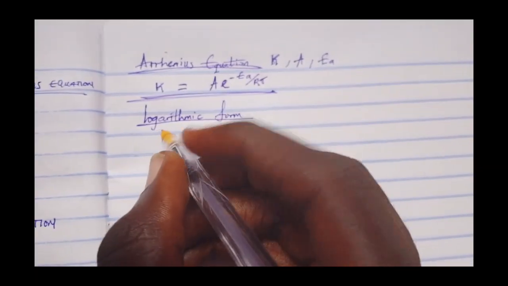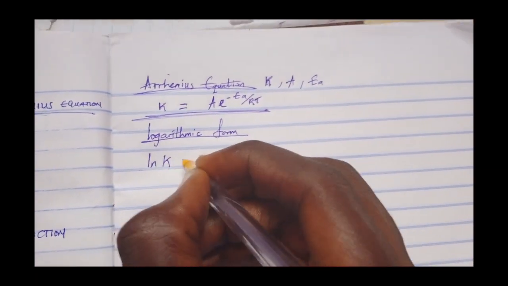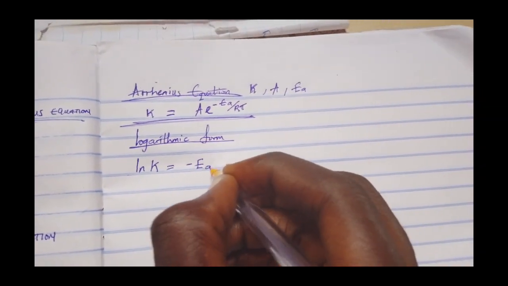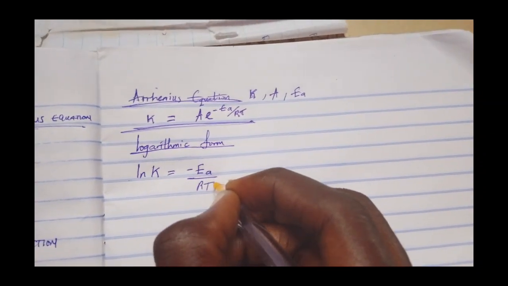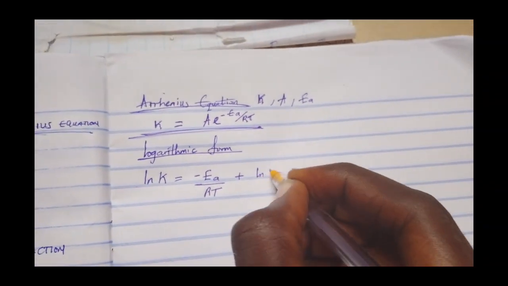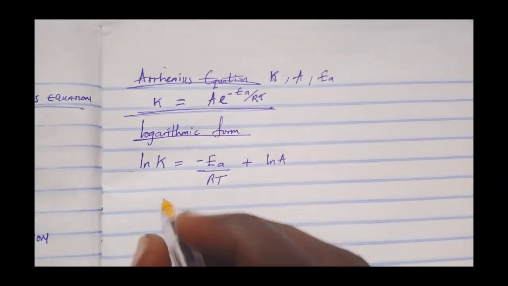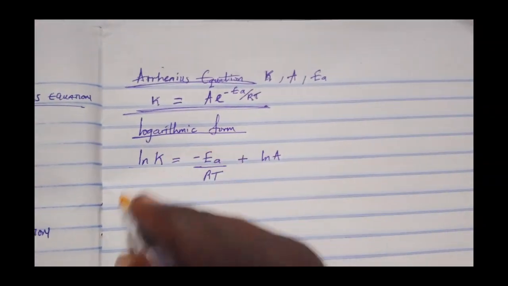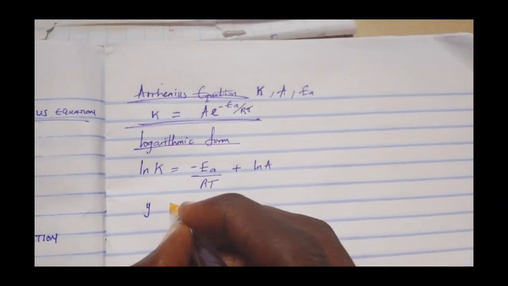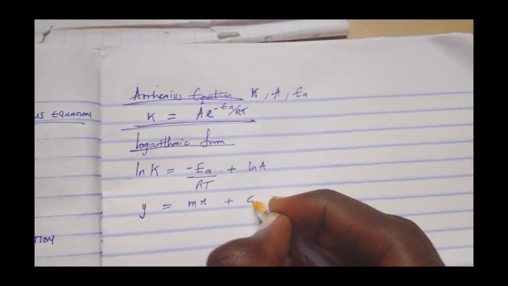The logarithmic form of the Arrhenius equation is given by ln k equals minus EA over RT, plus ln A. This is the logarithmic form. Now I want us to do something here. Let's relate it to the equation of a line. For us to have a straight line, we have to relate it to y equals mx plus c.